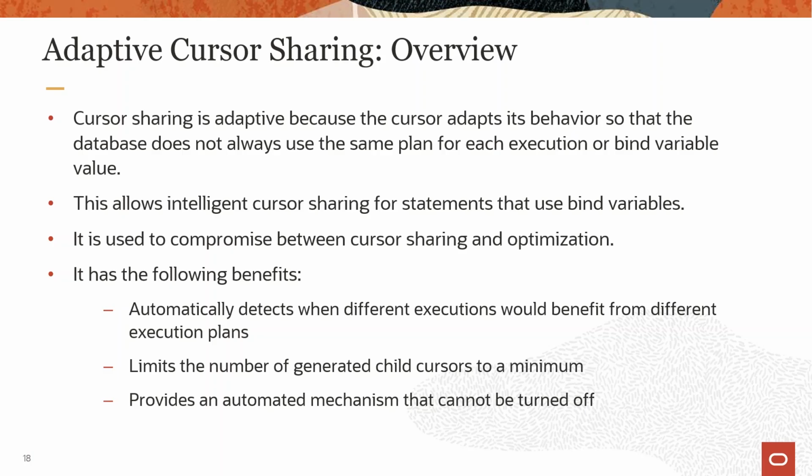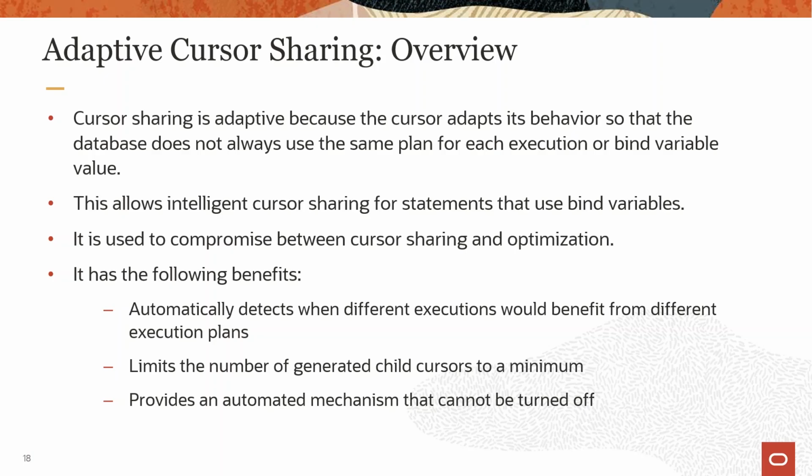So it's intelligent cursor sharing for statements that use bind variables. So it's a compromise, the best of both worlds between cursor sharing, winning memory and parse time, and always using the best execution plan if you use different bind variable values, in fact.